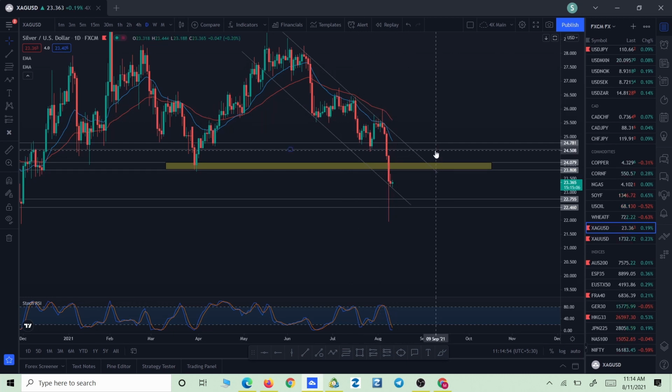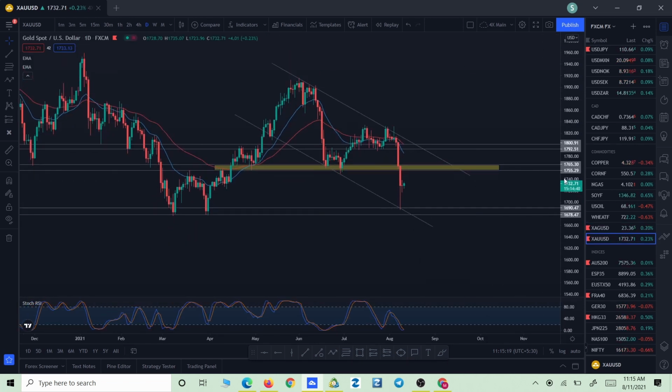So again, we can expect the same to happen once the price pulls back either to this zone or this zone. We might see the EMAs catch up with the price and act as a resistance again. So considering all these factors, we do see these two zones as high probability zones to look for short opportunities in the market.